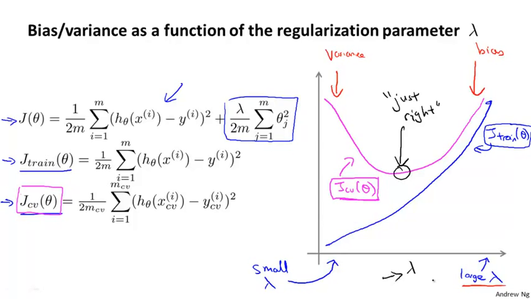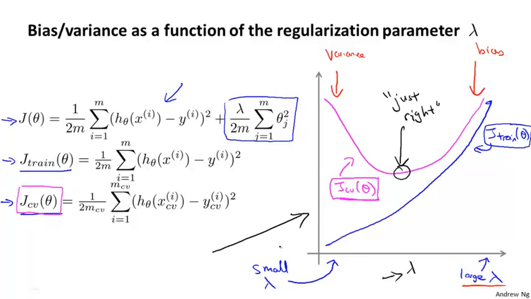When I'm trying to pick the regularization parameter lambda for a learning algorithm, often I find that plotting a figure like this one shown here helps me understand better what's going on and helps me verify that I am indeed picking a good value for the regularization parameter lambda. So hopefully that gives you more insight into regularization and its effects on the bias and variance of a learning algorithm.